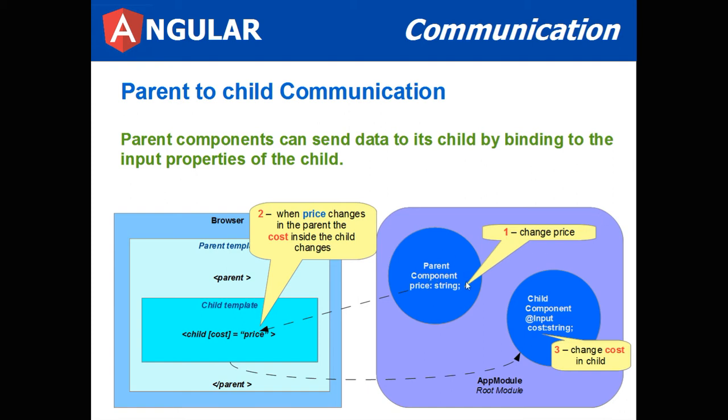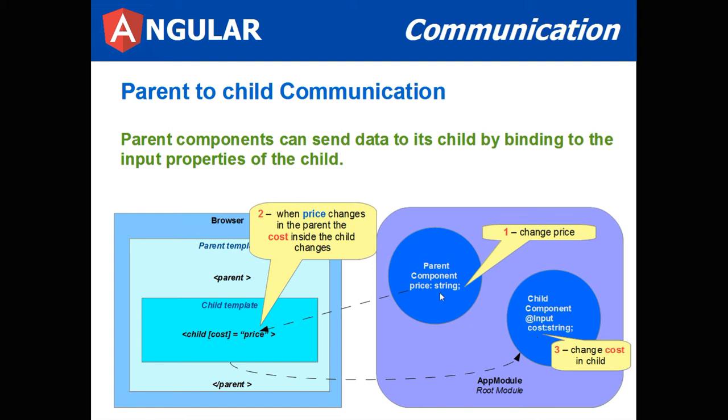And if you change the price in this component, the parent template, Angular tries to render that new value in the template. And that particular value, when the price changes in the parent, can be mapped to the cost attribute of a child via an input annotation.